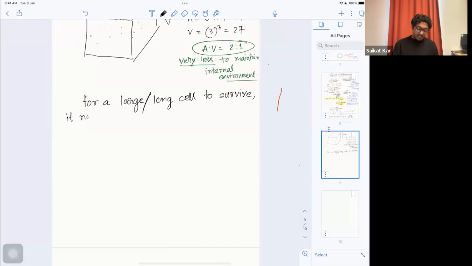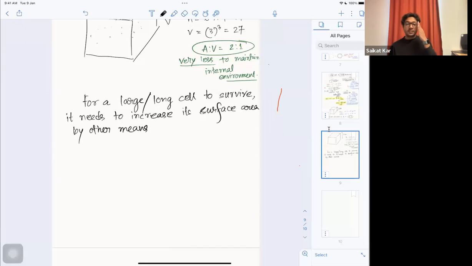It needs to increase its surface area by other means.